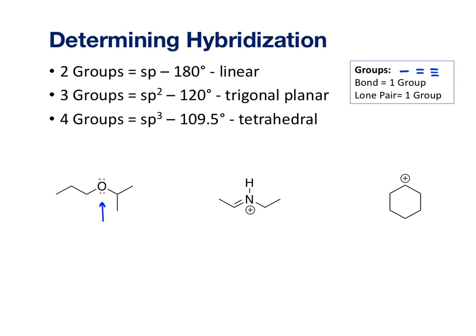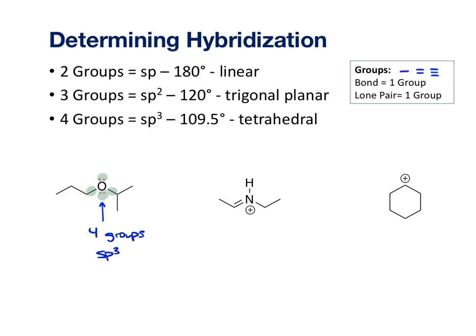So now if we count the number of groups, we have 2 bonds, 2 lone pairs, that's 4 groups around the oxygen. 4 groups is sp3. And that tells us that oxygen has 109.5 degree bond angle, and at least the geometry for all the electrons around the oxygen is tetrahedral.